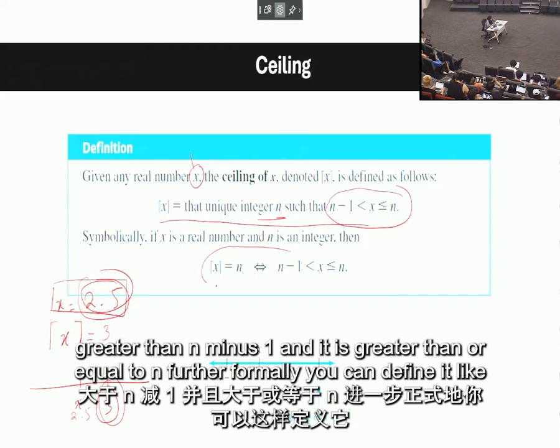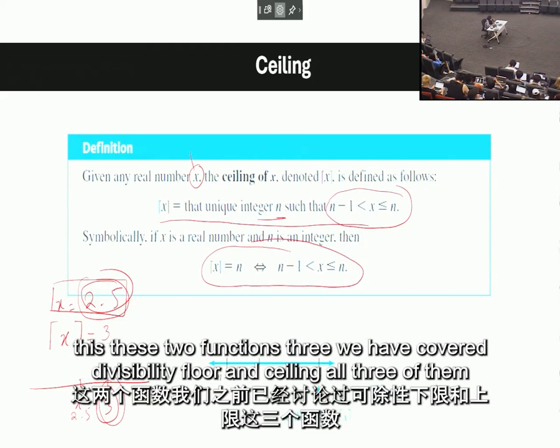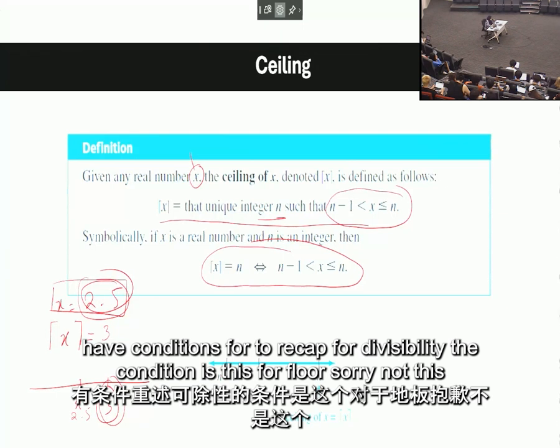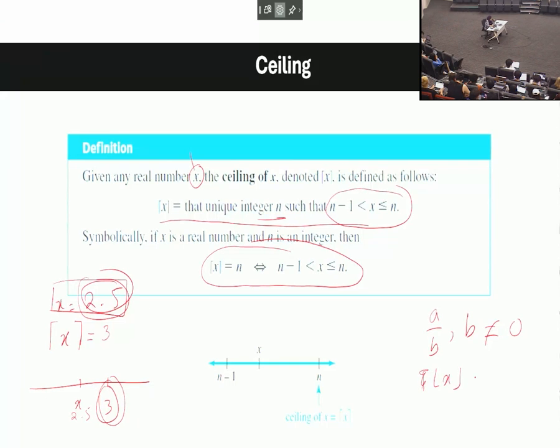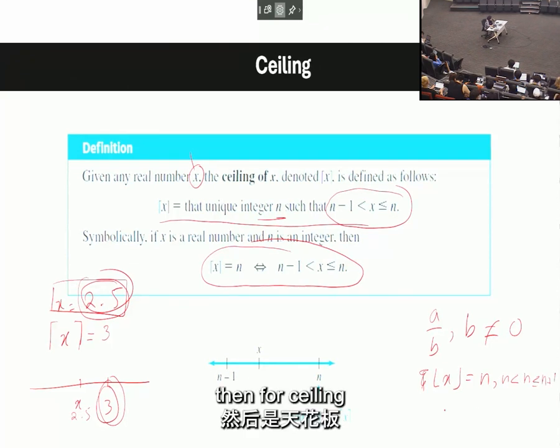Further, formally you can define it like this. So these three we have covered: divisibility, floor, and ceiling. All three of them have conditions. To recap, for divisibility the condition is this. For floor, and then for ceiling.